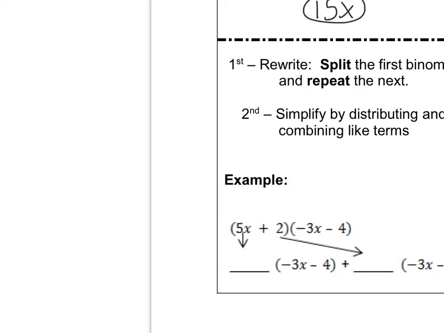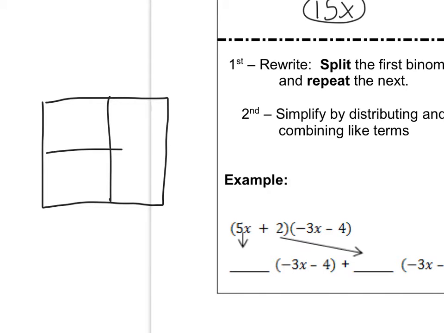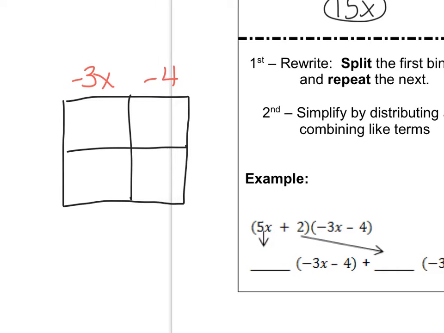So I'm going to go ahead and draw first my boxes. And I'm going to go ahead and put my negative 3x minus 4 on top. And on the side, I'm going to put 5x plus 2.